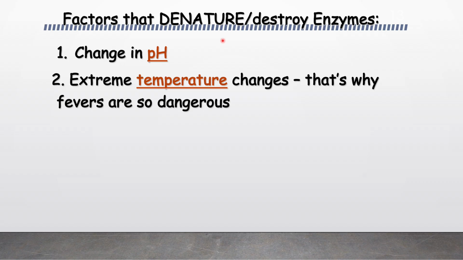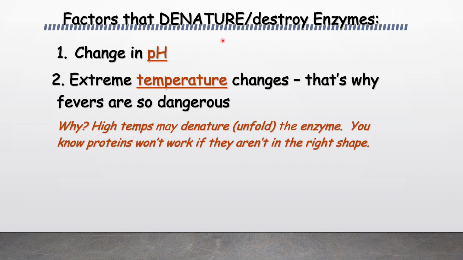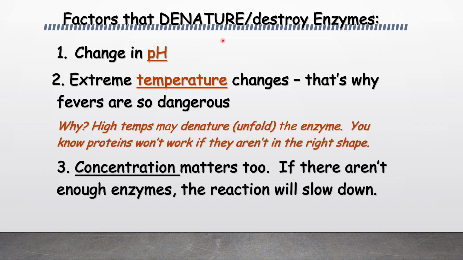This is why a fever is so dangerous, because if your fever gets too high, it can affect the enzymes in your body. And then concentration is also going to play a role in there. If there's not enough enzymes, then the reaction is going to slow down.